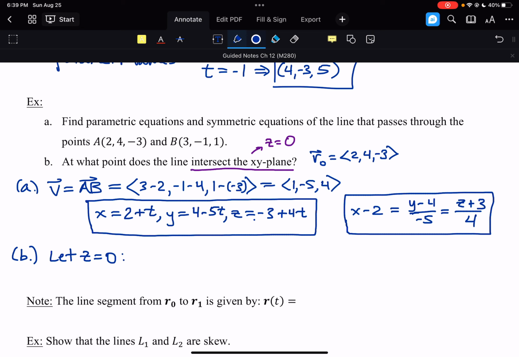You can use either the parametric equations or the symmetric equations to solve it. It does not matter. If you use parametric, you would plug z equals 0 into here and then solve for t, and then plug that into both. Or if you go over here, plug in 0 for z here, and then separate this into two different equations. That ends up giving us x is 11 over 4, and y is 1 over 4.